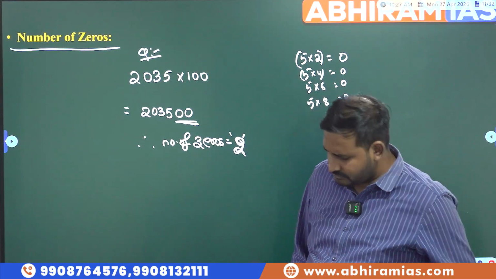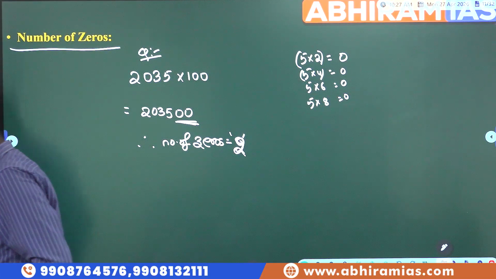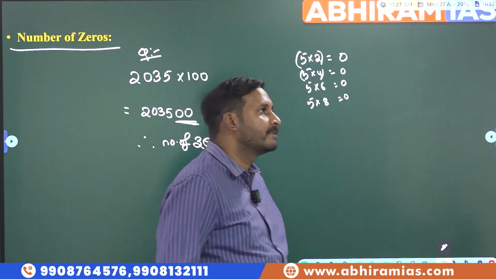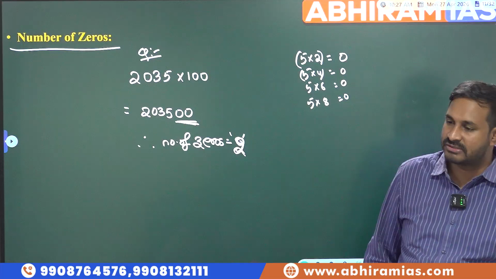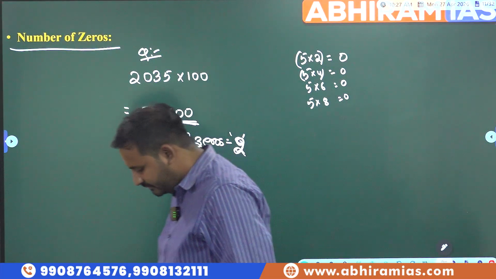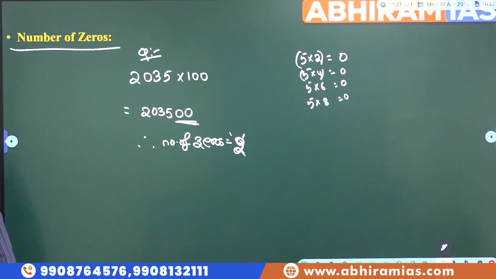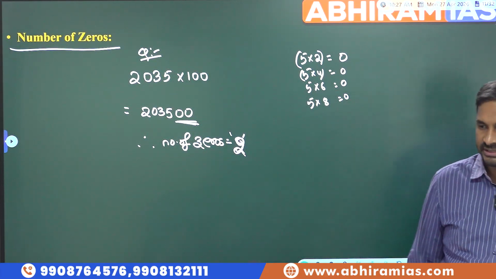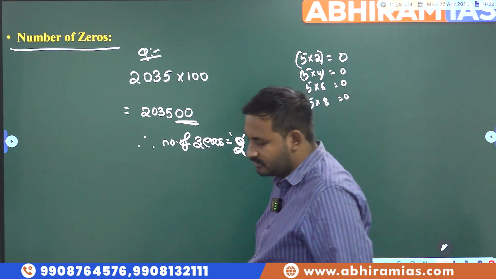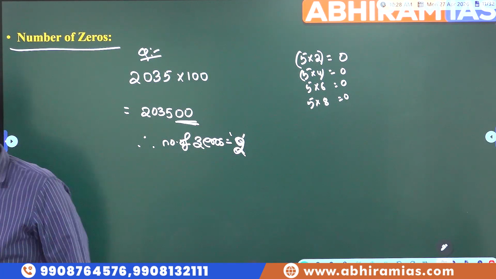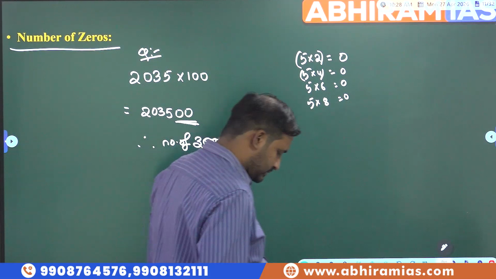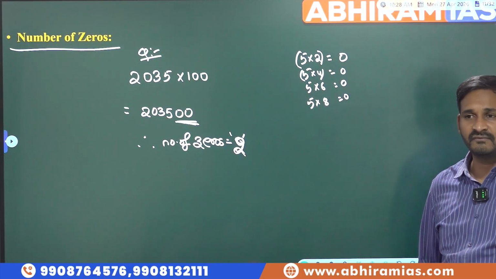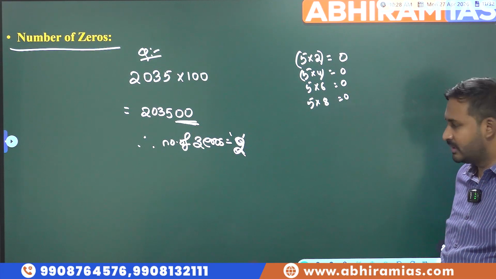Therefore, in the given product, we will find the number of pairs of 2 and 5, and that is equal to number of zeros. Pairs we will find, and that value will be equal to number of zeros.